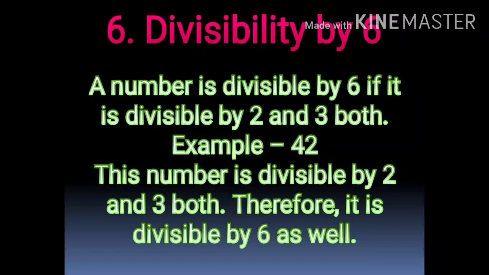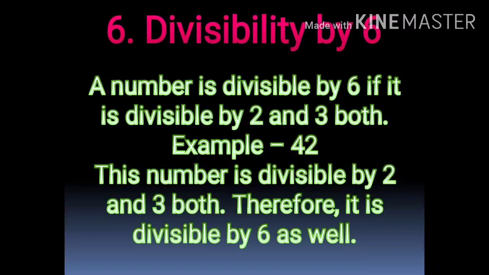To check whether 42 is divisible by 6, we need to check whether it is divisible by 2 and divisible by 3. So to check the divisibility of 2, we will see the digit at the ones place. Here the digit at the ones place is 2, which is an even number. So 42 is divisible by 2. Now to check the divisibility by 3, we will add the digits of the number.